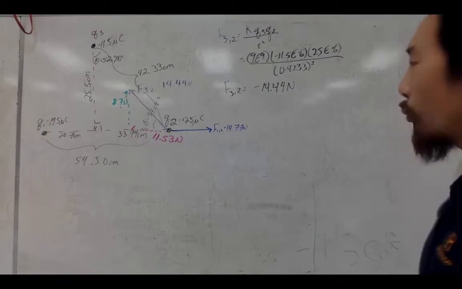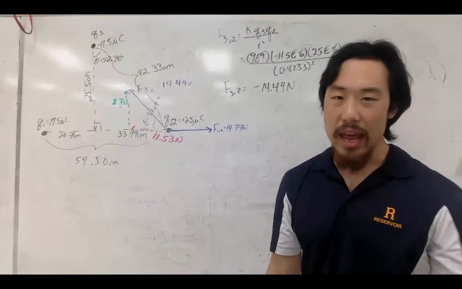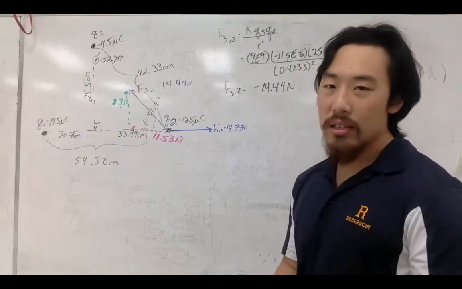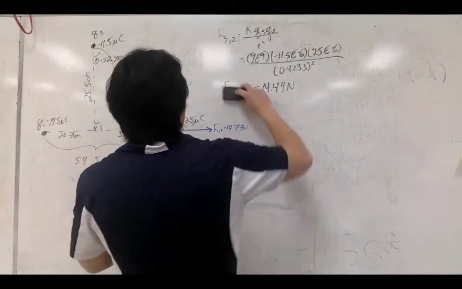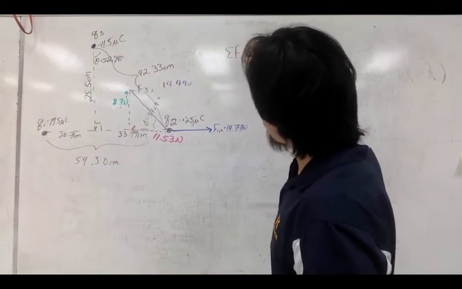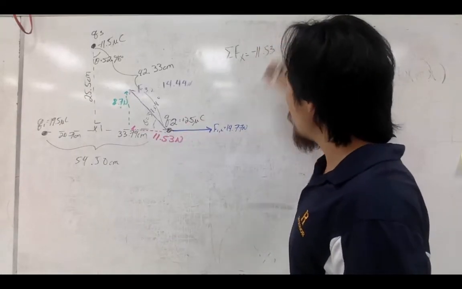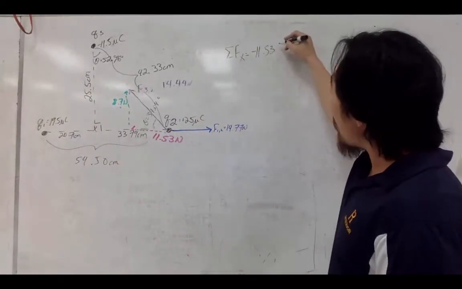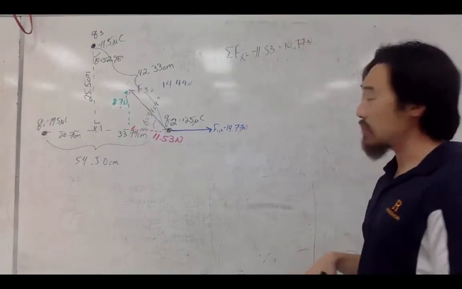Okie dokie, we're almost finished. What we have to do now is add both our x and y components separately. My net x forces comprise of negative 11.53 newtons, negative because it's pointing to the left, and positive 14.77 newtons because it's pointing to the right.